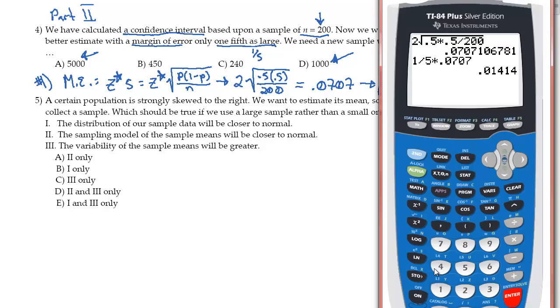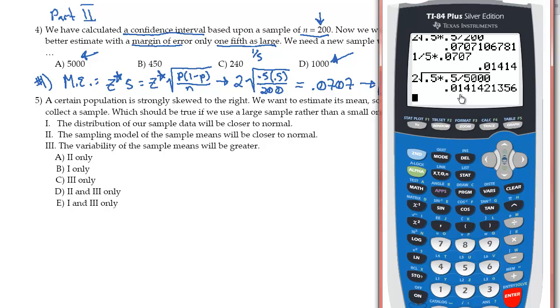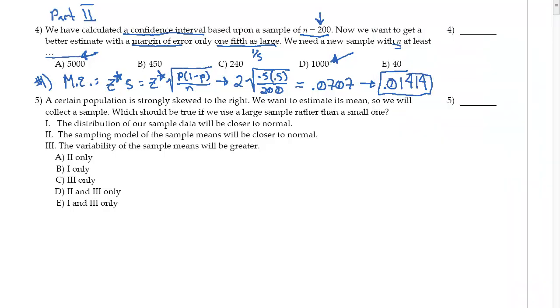I go to my calculator, put in my original z-score of 2, and 0.5 times 0.5 divided by 5,000, and hit enter. And look, there's my 0.01414. Those numbers are exactly the same, so A must be my correct answer there. That makes me happy.